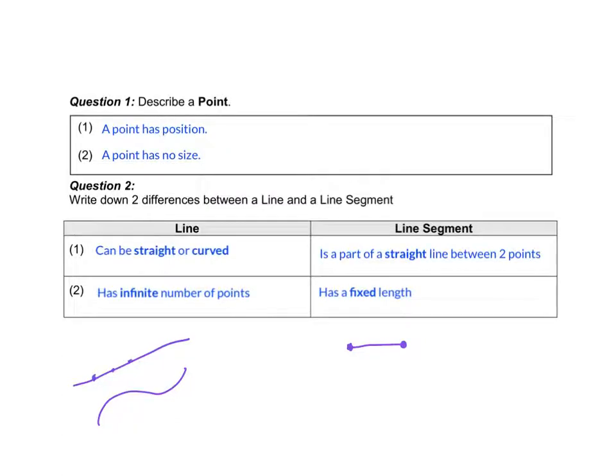You can have continuously many points on the line, straight or curved. But a line segment, because it's a straight line between only 2 points, has a fixed particular length. It does not continue forever.